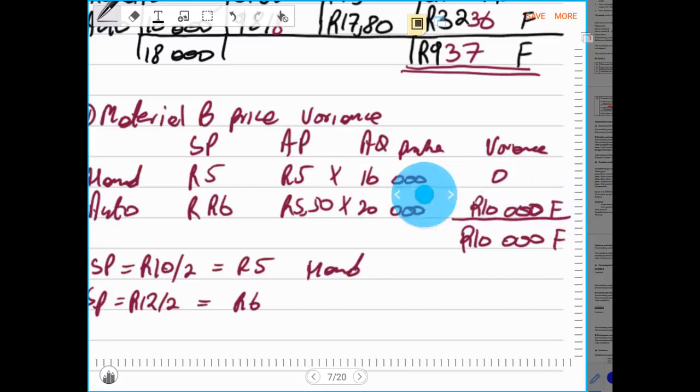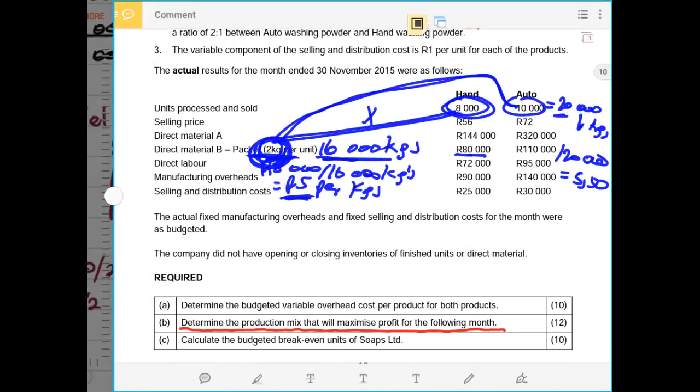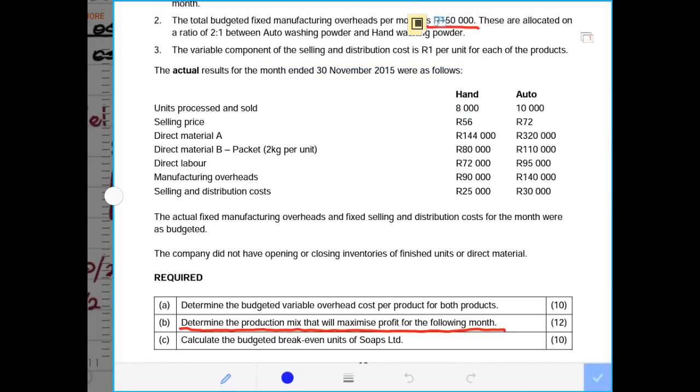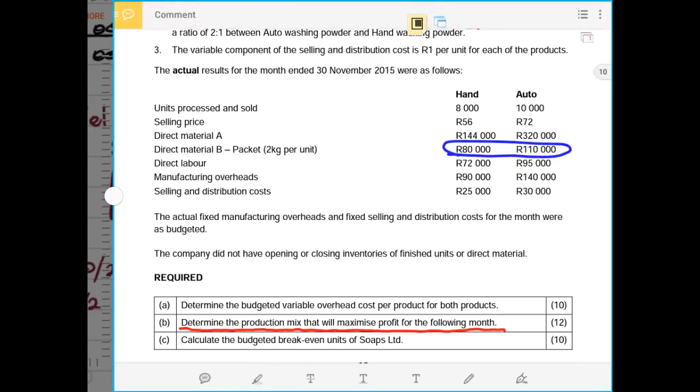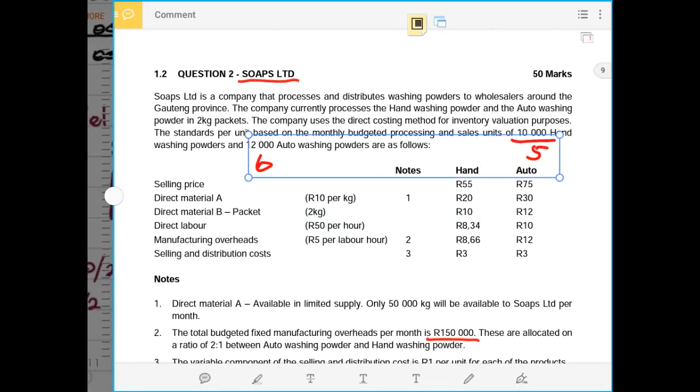So now we have analyzed this, and remember, if we wanted, we could have used the standard total cost, because we are already provided with the total figures here. So we could have converted our standard into total.